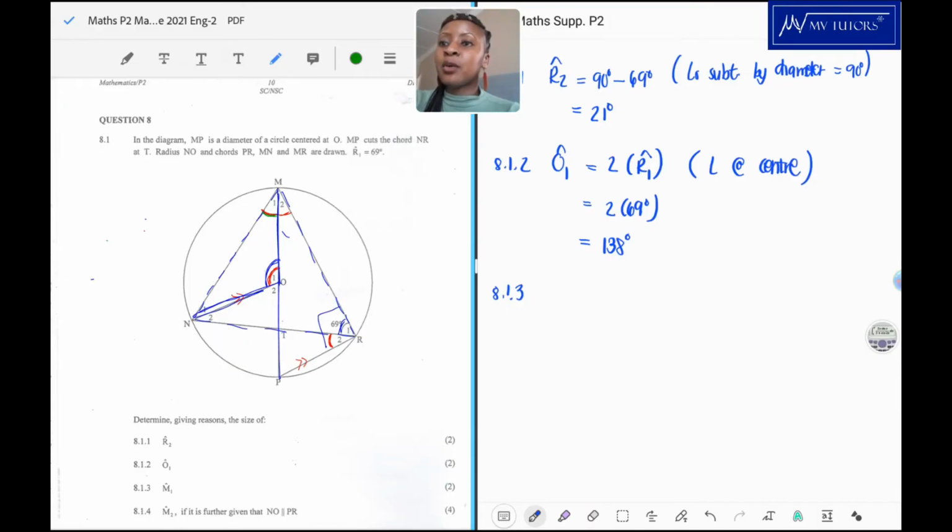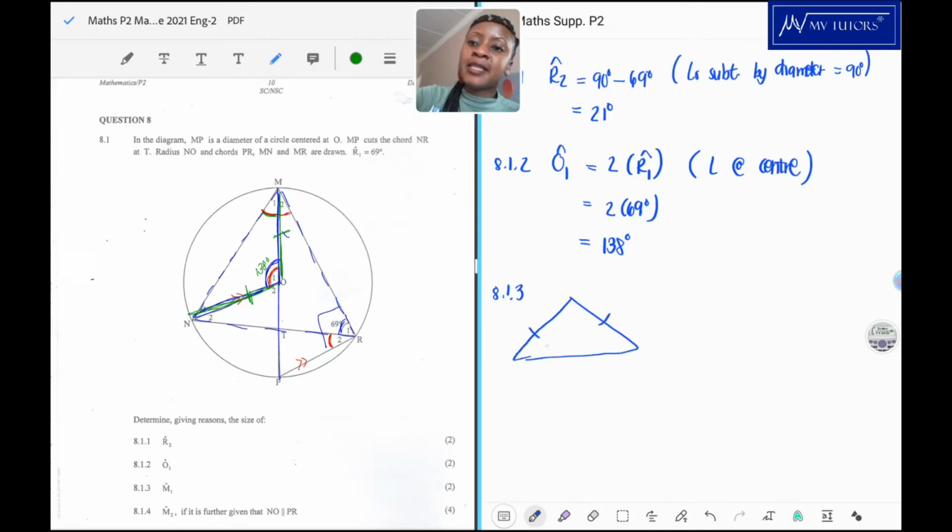Okay, we already know that O1 is 138, right? And we know that OM is a radius as well as ON. So ON and OM are radii, meaning they have the same length. And if they have the same length, remember we have an isosceles triangle.